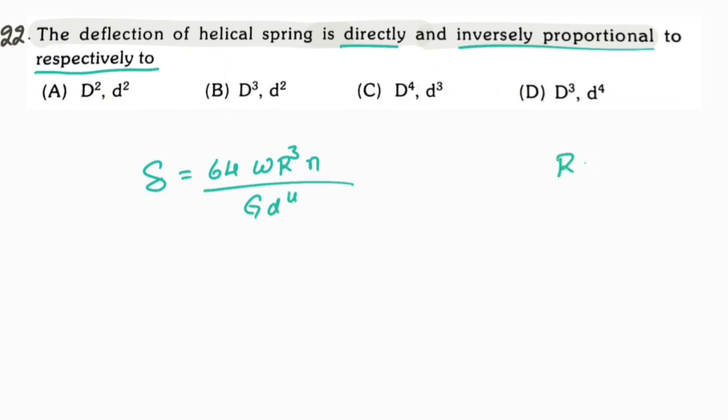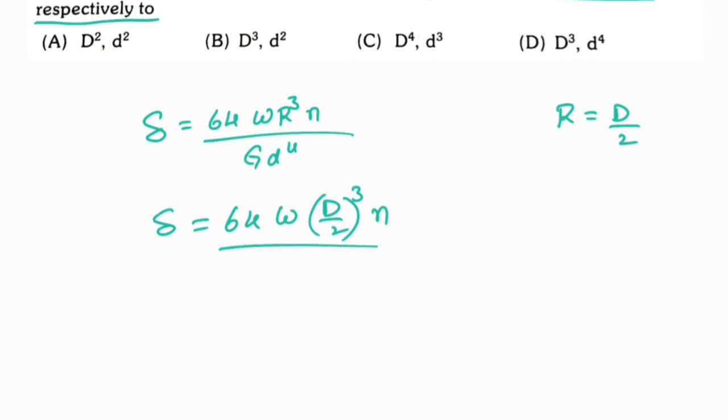Here capital R equals capital D by 2. Therefore, it can be written as 64 W (D by 2) whole cube N by G into d power 4.